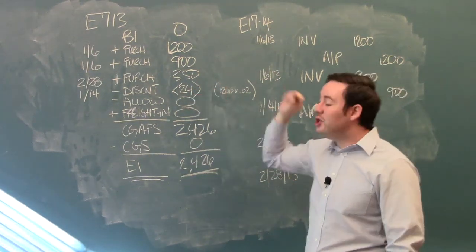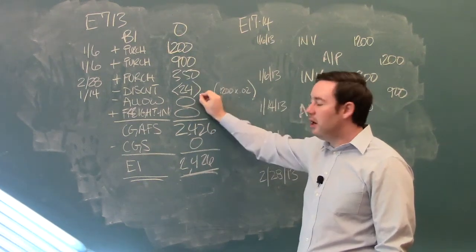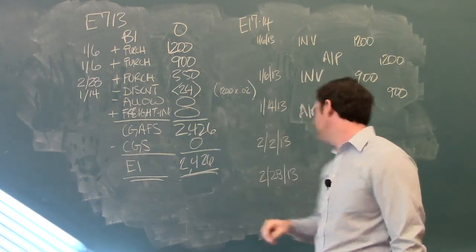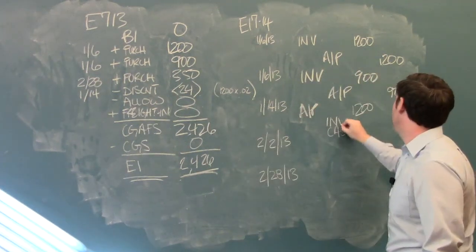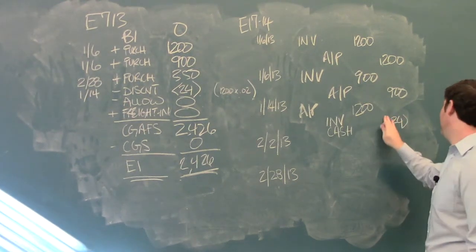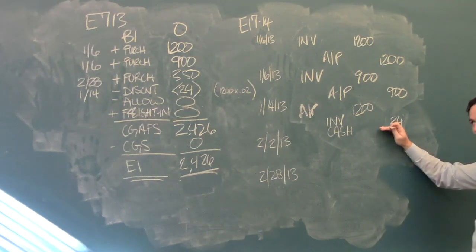When you're doing discounts on purchases, operating on the perpetual inventory basis, you directly journalize to inventory. We're not using a contra account in this instance. We're going direct to inventory, $24, reducing that.